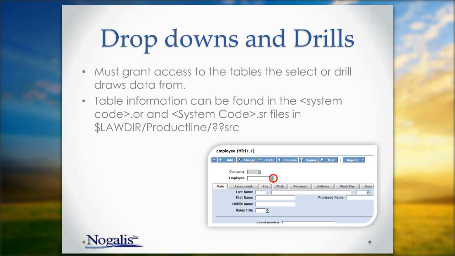Now, a quick trick to figuring out what those tables are is there are 2 files within each system code's source directory on your server. And you can access those if you have access to LID or if you have access to the directory structure on your server. And they're called, for example, in HR, hr.or and hr.sr.